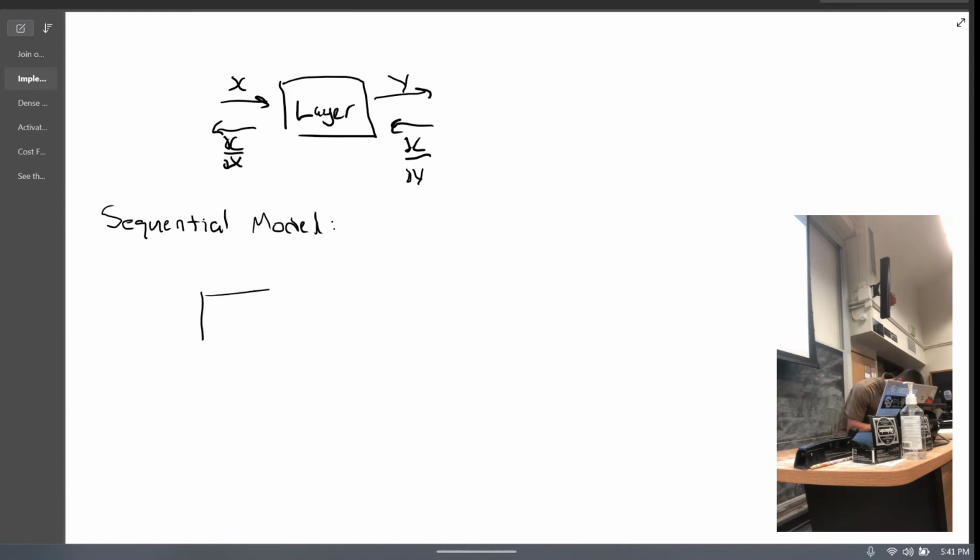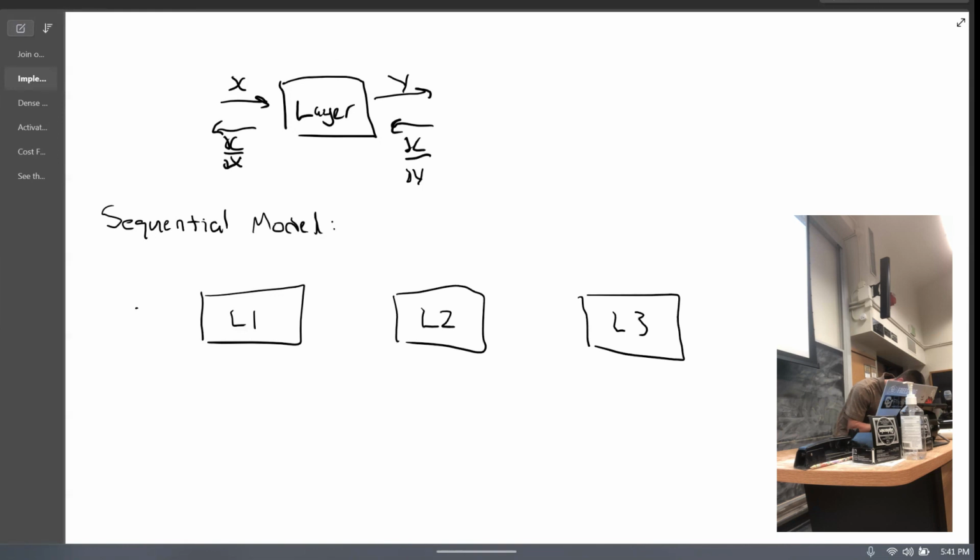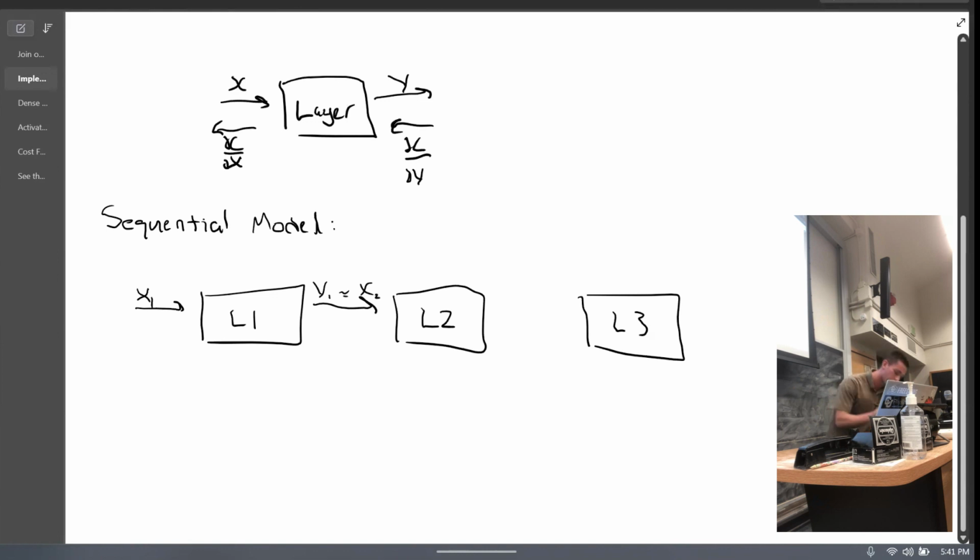If we have, say, 3 layers, we pass some input to layer 1 and get out some output, and that's going to be equal to the input of the next layer.